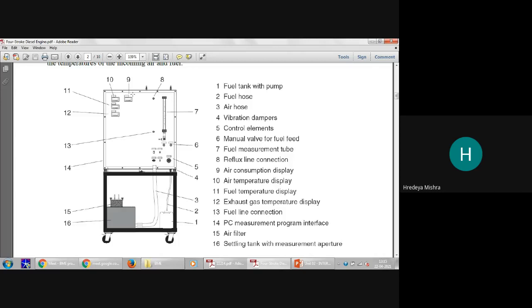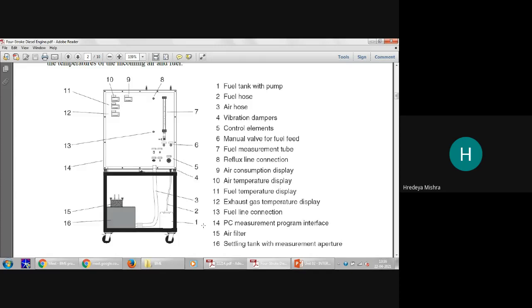These display units show the different temperatures of the air, fuel, exhaust gases and so on. Thirteen is the fuel line connection. Okay, this is the fuel line connection.